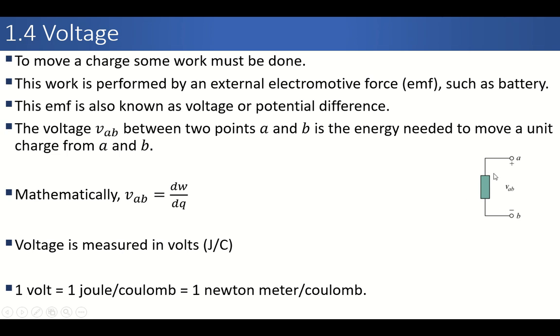So let's say we want to measure the voltage across this element, so we have to connect the voltmeter at point A and point B. This is the across connection along this device.